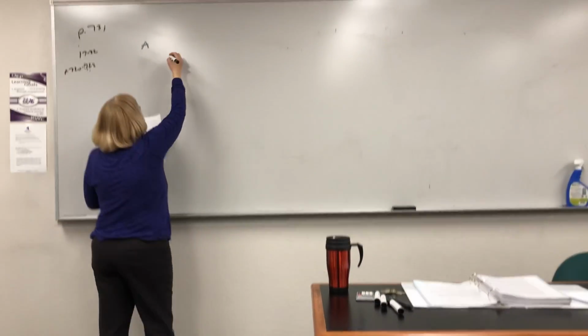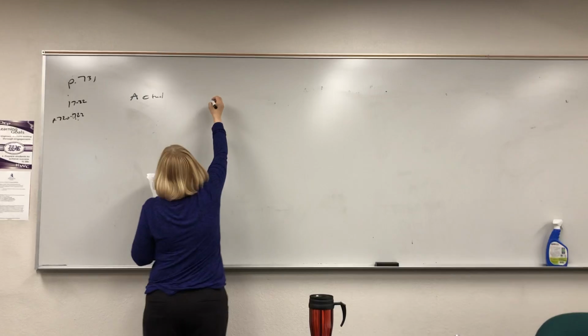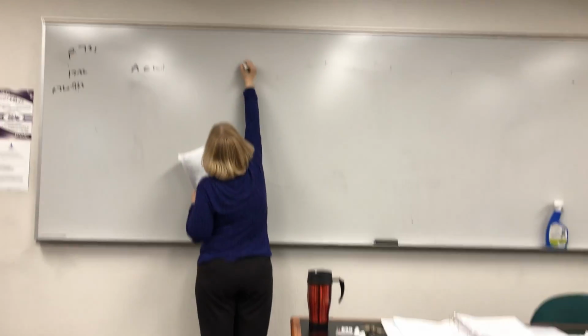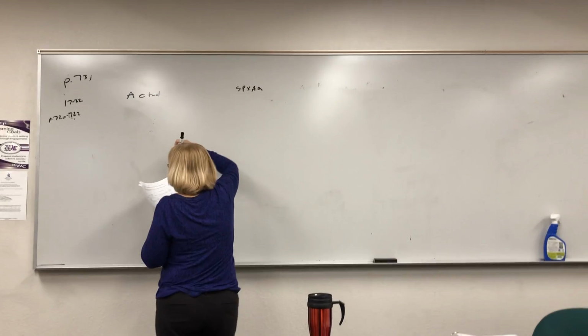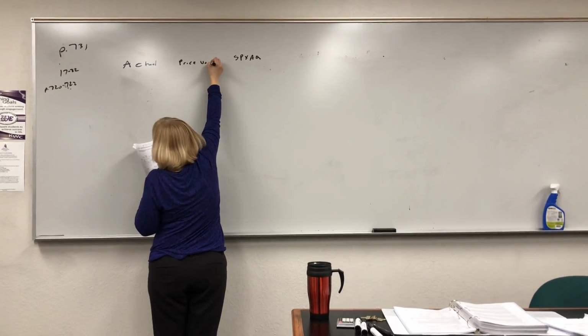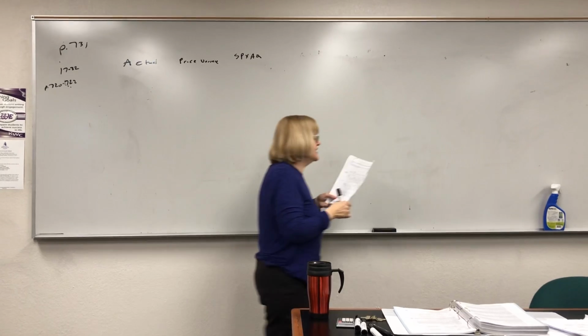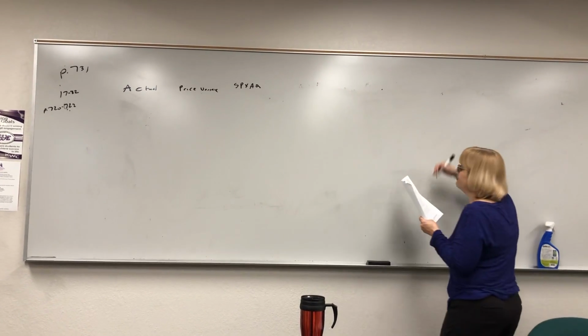So we still have our actual, and then we have our standard price times our actual quantity. The difference between these two is still our price variance. Nothing changes there. The variance we're breaking down is our efficiency variance.